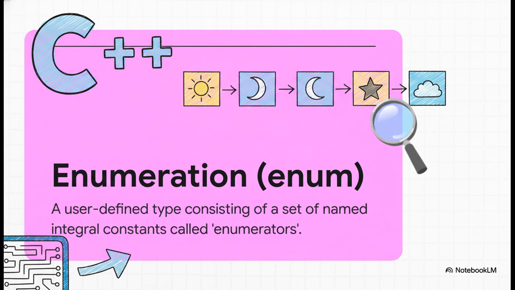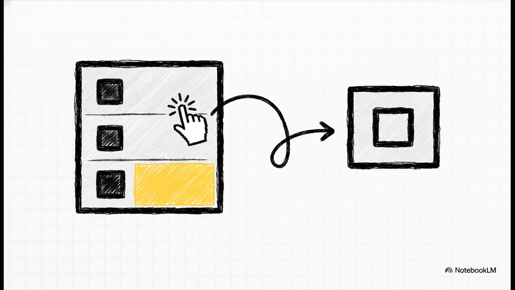In other words, you're creating your own simple data type and giving it a list of all its possible values, where each value has a nice descriptive name. You know, the best way I've found to think about an enum is to picture a drop-down menu for your code. Just like on a website where you have to choose between small, medium, or large, an enum limits the possible values to a fixed set of clear, readable names that you've defined ahead of time.